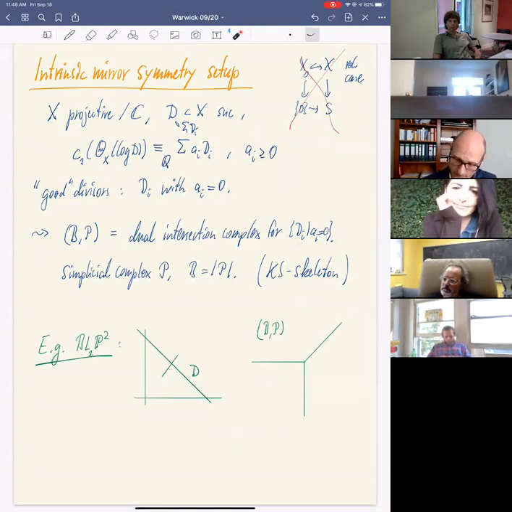That's typically considered the Kontsevich-Soibelman skeleton, certainly in the relative case, but probably also in general. So we get a simplicial complex, and we take B to be the underlying topological space, a topological manifold. So that's the arena where everything is happening.